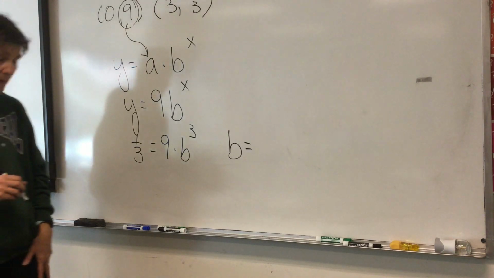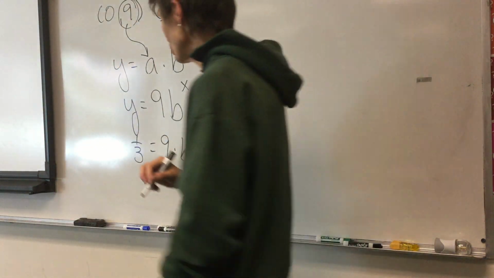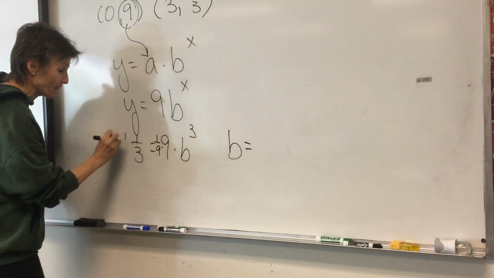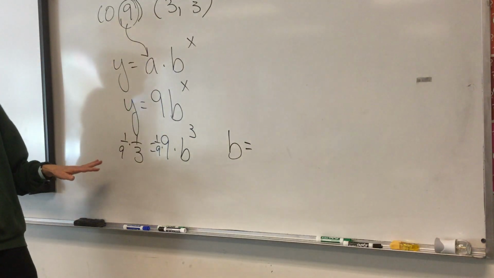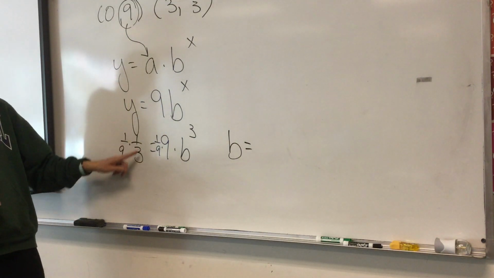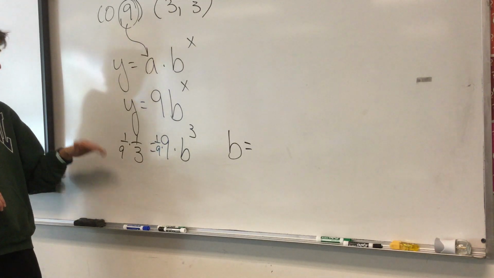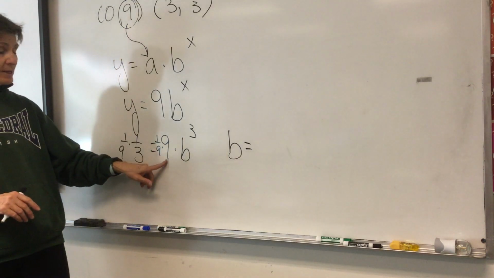Divide by 9. Yep, divide by 9 is exactly right. I'm going to, instead of dividing by 9, multiply by 1/9. Isn't that the same thing? Yes, and it makes it easier with the fraction over here. But dividing by 9, multiplying by 1/9, do whatever you need to do, get rid of that 9.